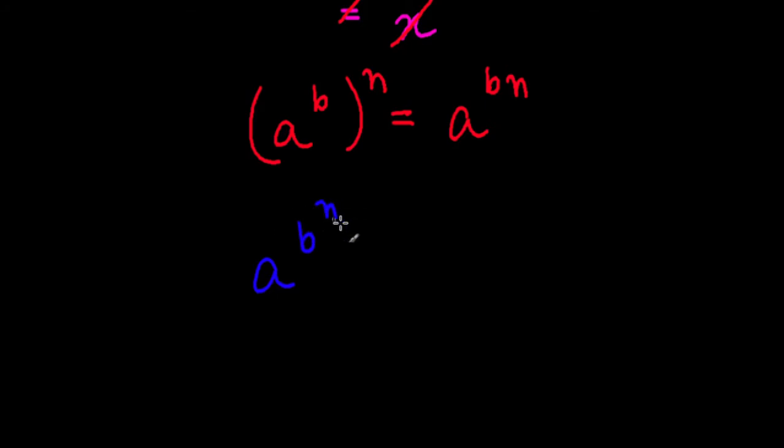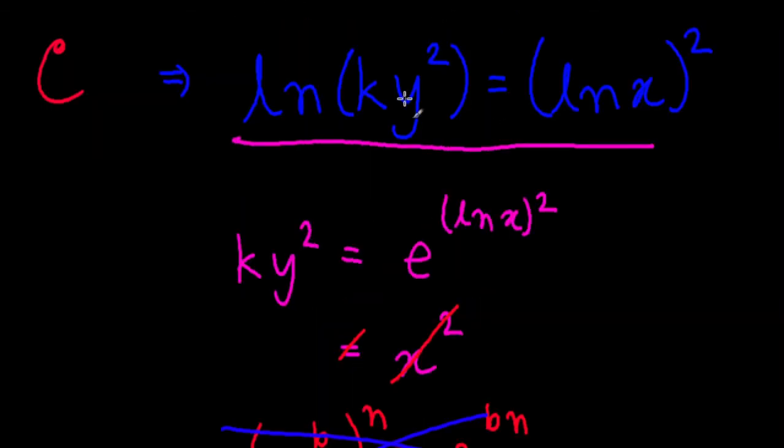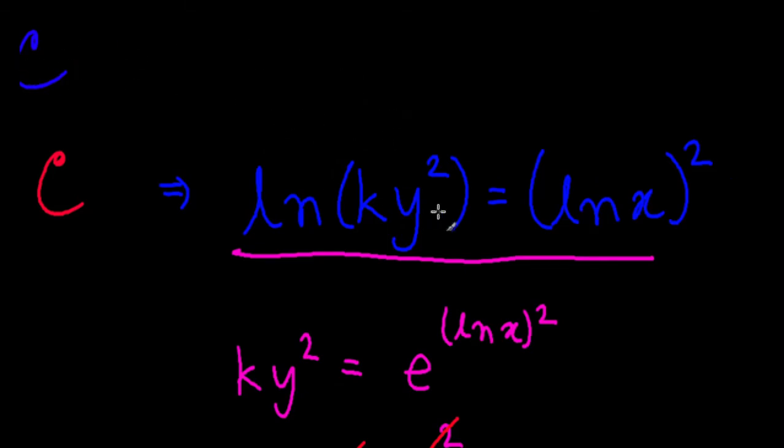This power isn't on the whole thing. It's just on the b itself, and this cannot be simplified anymore, and certainly not the same as these two. So even if we took the power of e on both sides, this wouldn't simplify anymore. So we just need to be careful about our basics. All right, so I'll leave our solution like that.